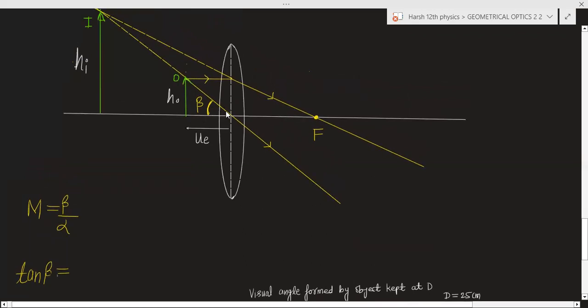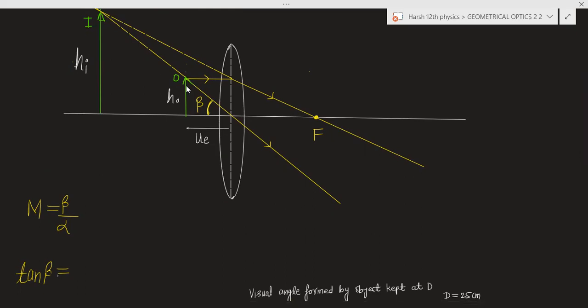Tan is perpendicular of a triangle divided by base of a triangle.